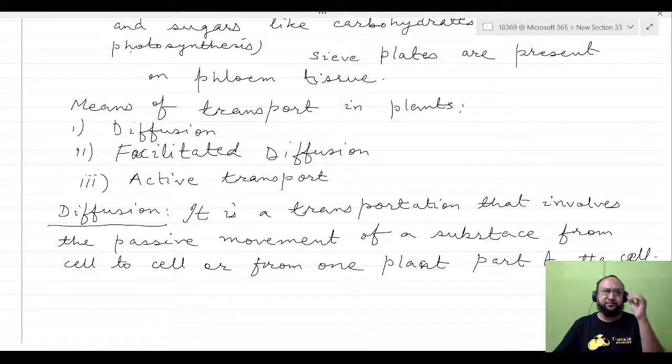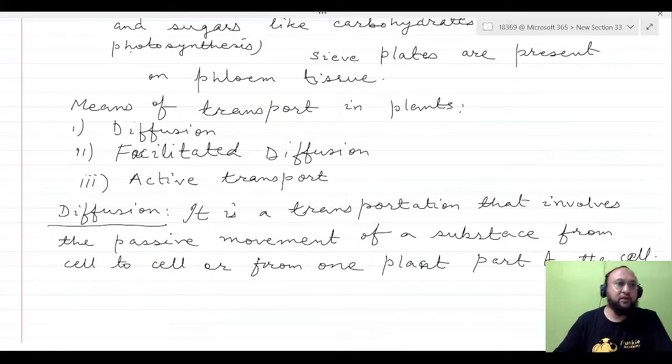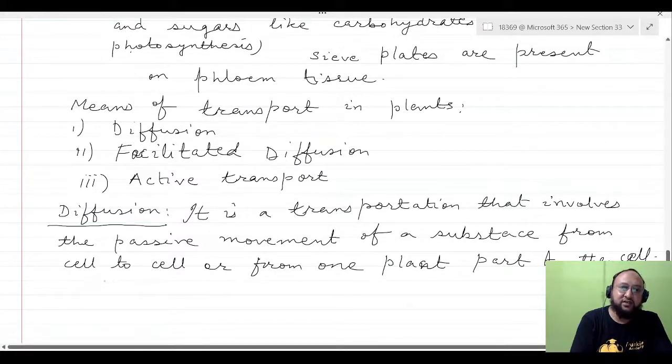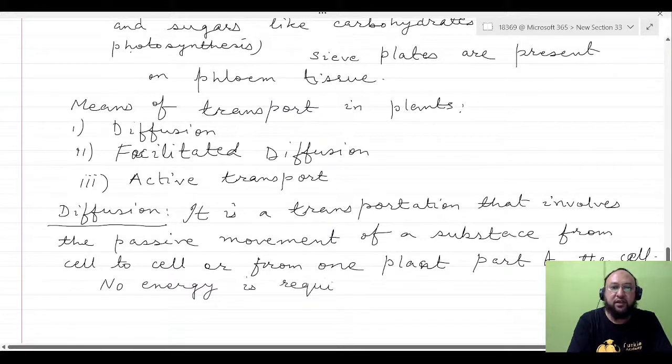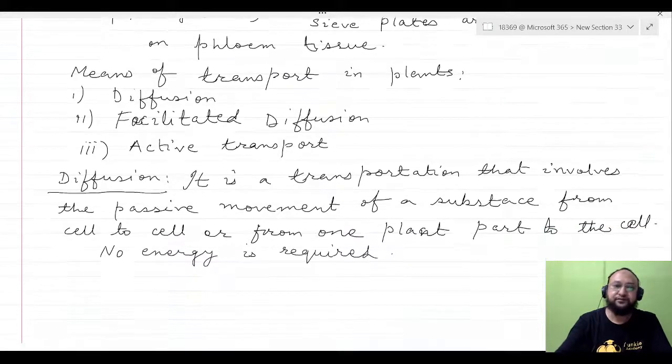The oxygen is given out during photosynthesis, and carbon dioxide is taken in. That is by the process of diffusion. There is a passive movement from higher concentration to lower concentration, and no energy is required because this is a passive movement. Energy is required in active transport.